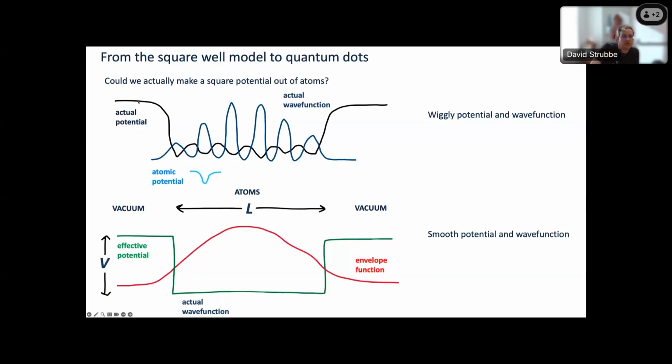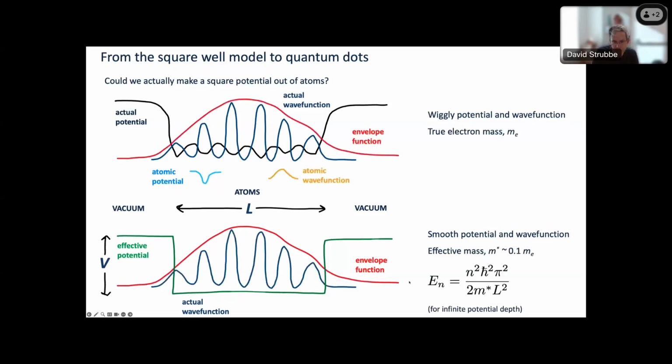So in a confined system, we're going to have an actual potential which may be flat in some vacuum region, and then it's going to be wiggly because of the atoms at the bottom. It's a sum of atomic potentials like this. And then we're going to get a wave function that looks wiggly like this also. That's kind of hard to interpret, but in many cases, we can think of sort of smoothing this out with the idea of an envelope function into having an effective potential that is square, and then an envelope function where neither of these have wiggles.